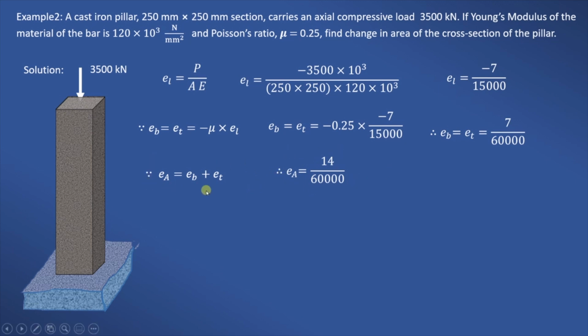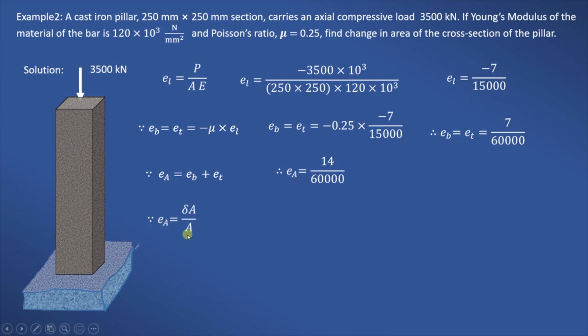Do you remember how we derived the formula for volumetric strain of a rectangular block? We used the logarithmic product rule and then we differentiated. By the same logic, strain in area is strain in width plus strain in thickness, and that comes out to be 14 divided by 60,000. So strain in area into original area.